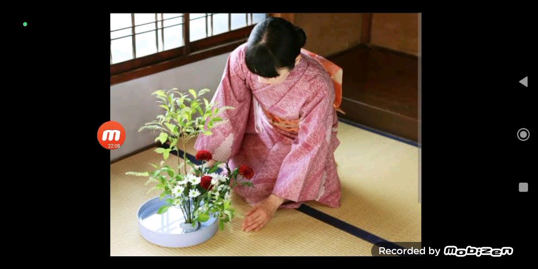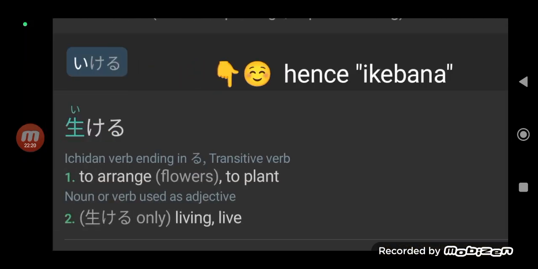So when you do ikebana, it should be a non-artificial or a living plant bearing flowers, just like here. This is ikebana. The root word was ikeru, but you take the stem of ikeru, you drop the ru since it is an ichidan or ru verb. So ike plus hana, ikebana, to arrange flowers.